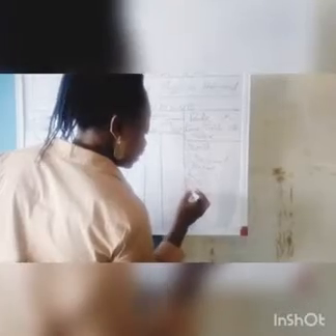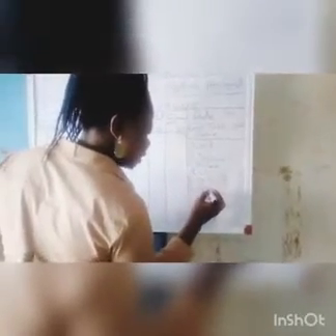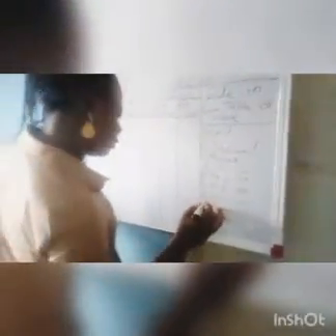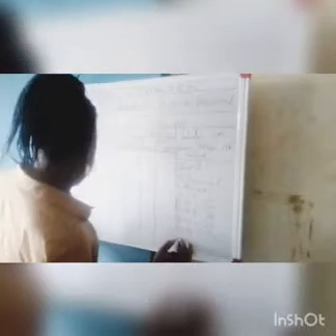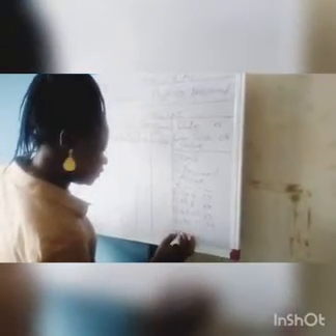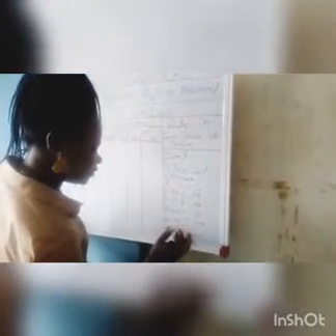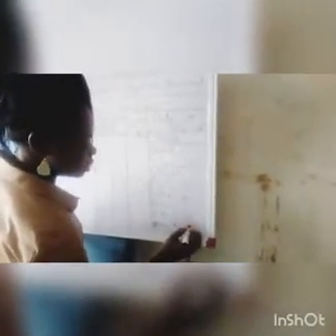Then for serial number 2, 37.8 minus 29. For serial number 3, 42.0 minus 29. For serial number 4, 46.5 minus 29. Then for serial number 5, 50.4 minus 29.